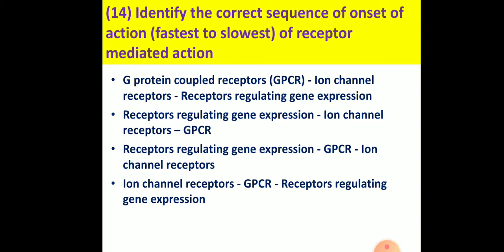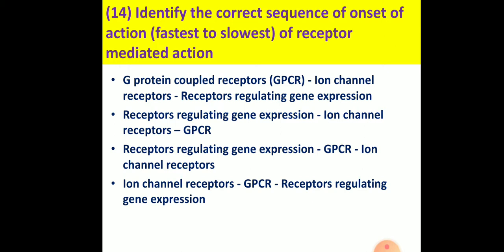Identify the correct sequence of onset of action, fastest to slowest, of the receptor mediated action. Now you don't have to panic so much about such type of question. You just understand the principle. Which type of receptor has the fastest onset of action? When the drug directly binds with the receptor and these receptors are themselves incorporated in the ion channel, so immediately the channel opens and closes and then it produces the action, and its actions are in milliseconds.